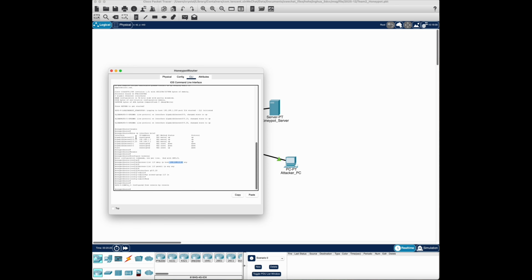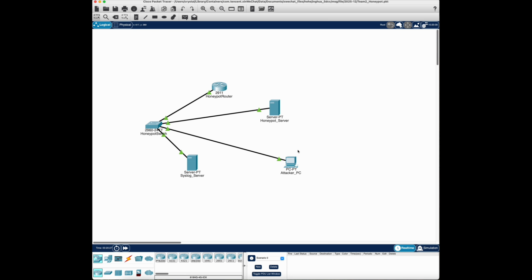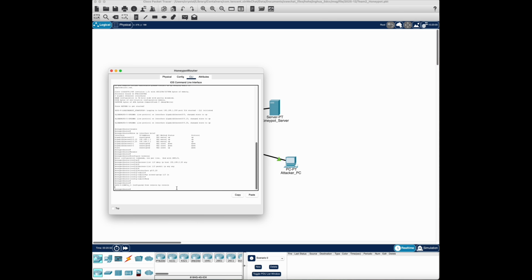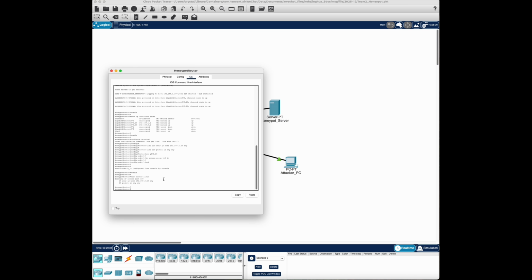Now let's verify that the ACL has been successfully applied. And here we can see the denied entry for the attacker IP.